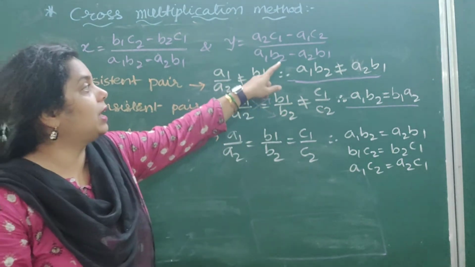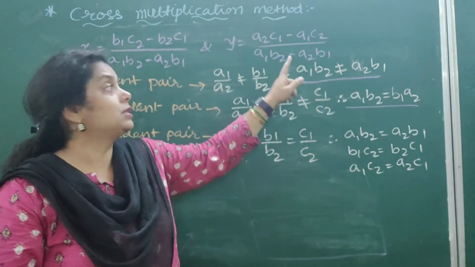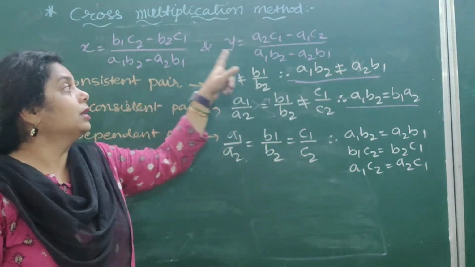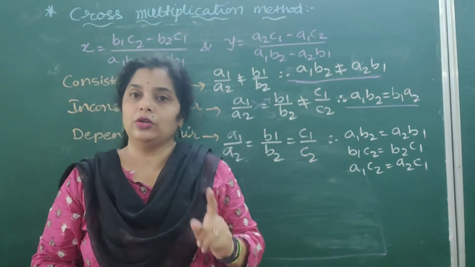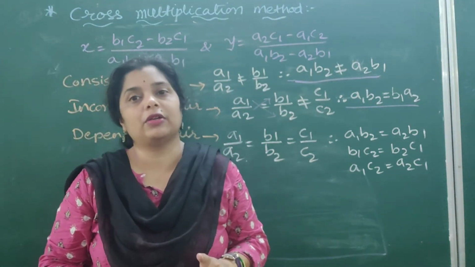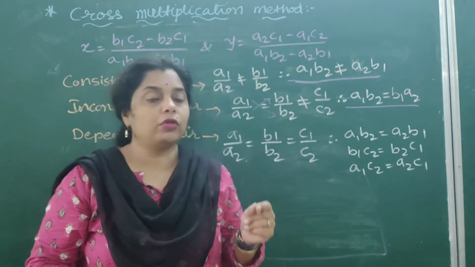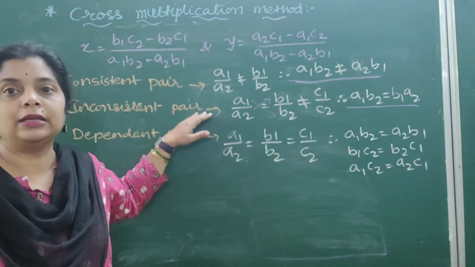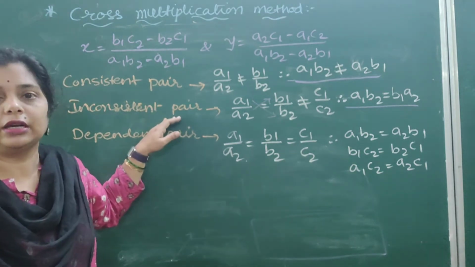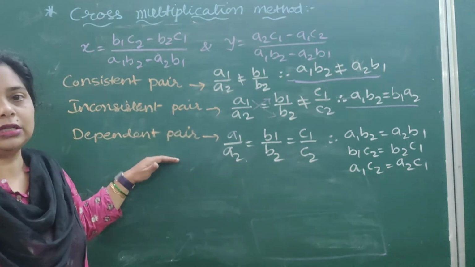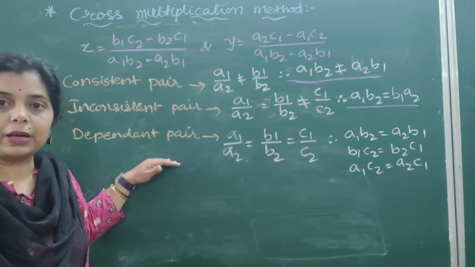If both are the same, then if we do a subtraction, it must be 0 at the denominator place, and therefore it is a non-defined term, and therefore we cannot apply this method in case of an inconsistent pair. Similarly, with the dependent pair, we can't apply.